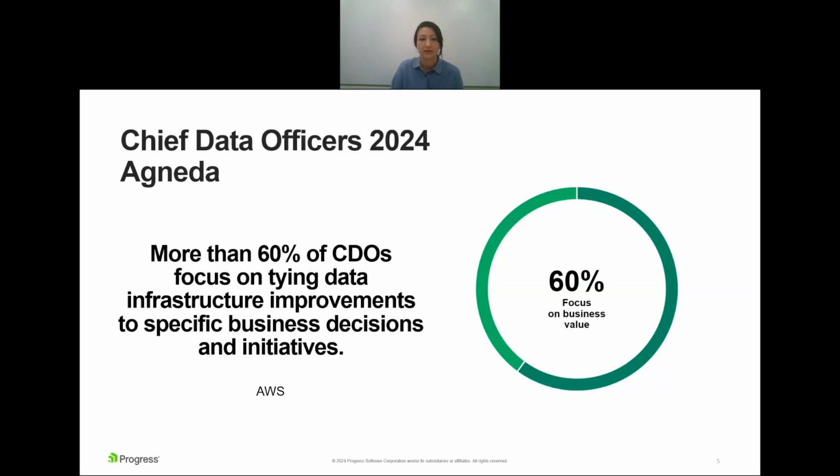In fact, a recent study by AWS found that about 60% of chief data officers tie data infrastructure improvements to specific business decisions and initiatives that are run across the company. That means they're working closely with their marketing and business leader peers, and this is never an easy task.